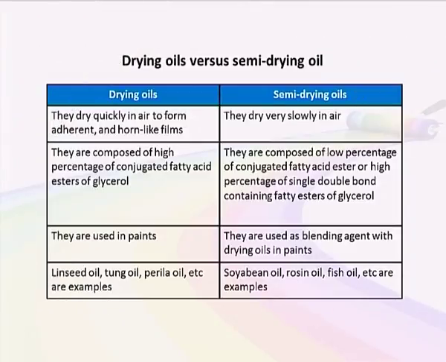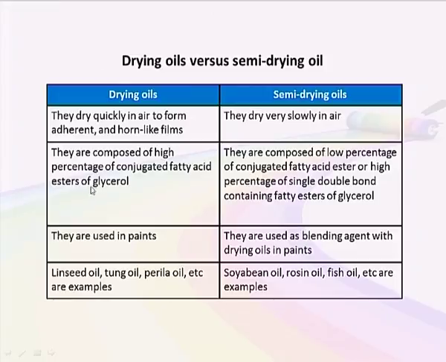We can compare here drying oils and semi-drying oils. Drying oils dry quickly in air to form adherent, horn-like films, so they are called drying oils, and as is clear from its name, semi-drying oil dries very slowly in the air.